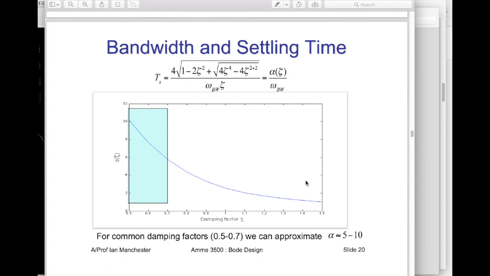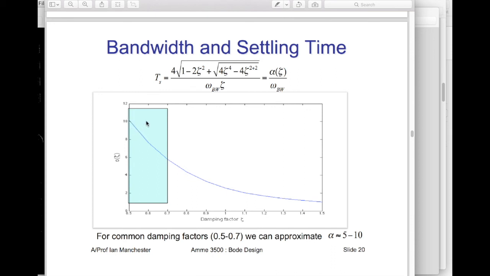Okay, so the first thing we want to understand is what's the relationship between the closed loop bandwidth of the system, so that's a frequency response specification for closed loop, and the settling time. And here, even for second order systems, that's a fairly complicated relationship depending on zeta. But for systems that we're looking at, we're probably going to have a damping factor, especially for 20% overshoot, more towards 0.5.